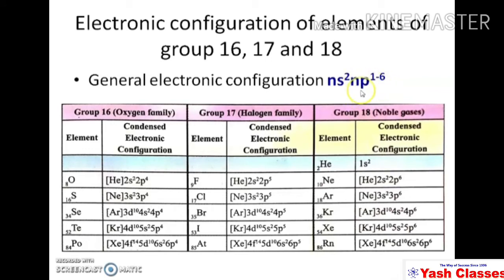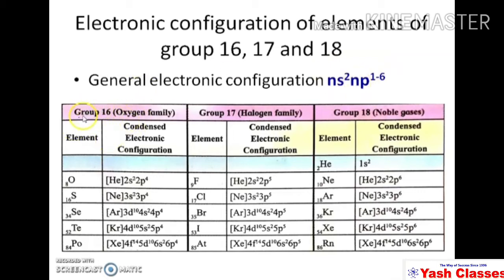Actually there are 3 p orbitals, and the capacity of the 3 p orbitals altogether is 6 electrons. So one by one electrons enter the p orbitals, and the p orbital is in the process of filling. So this is the general electronic configuration of p block elements, that is ns2 np1-6.